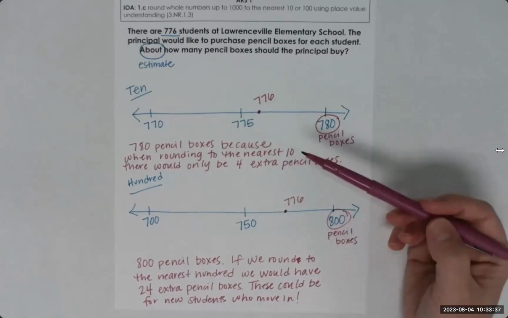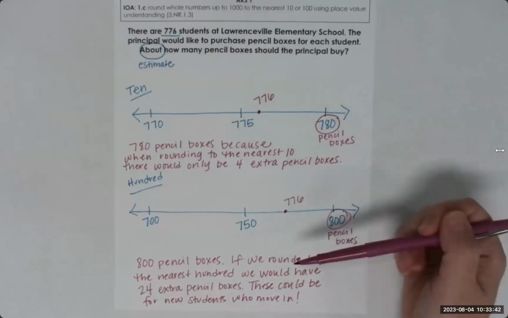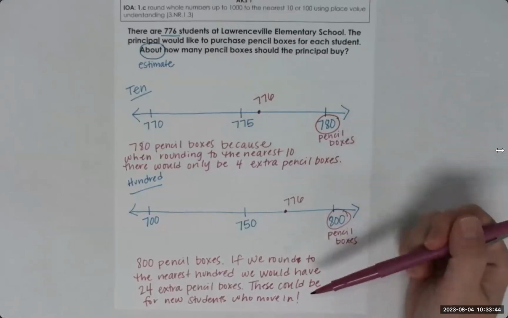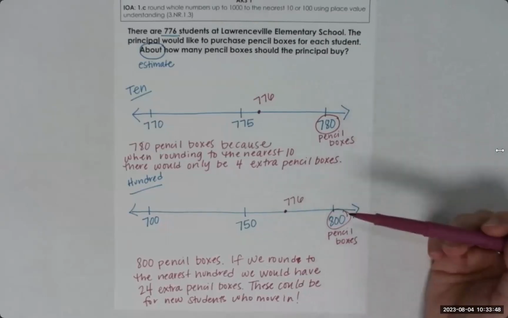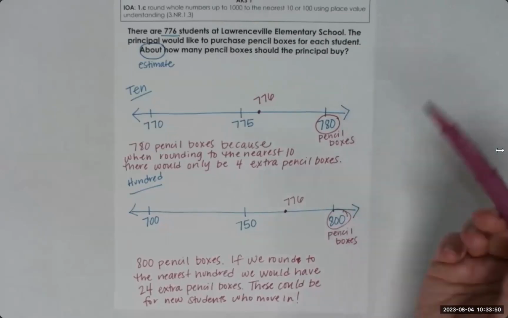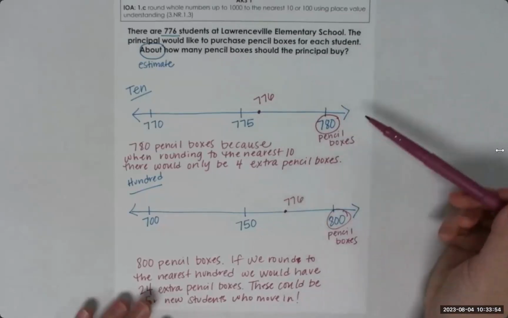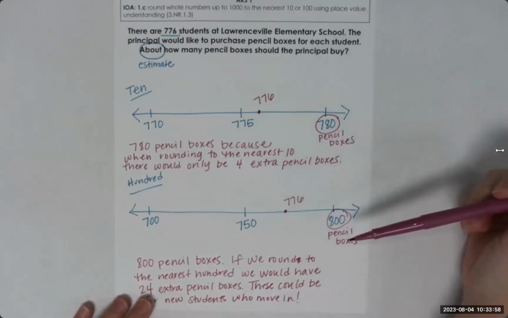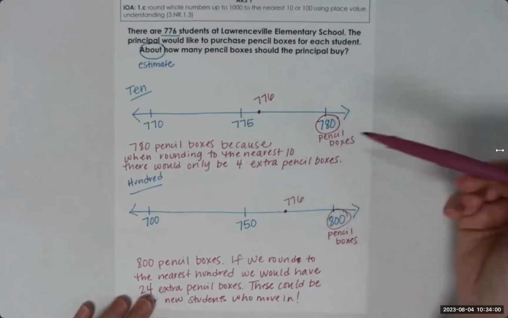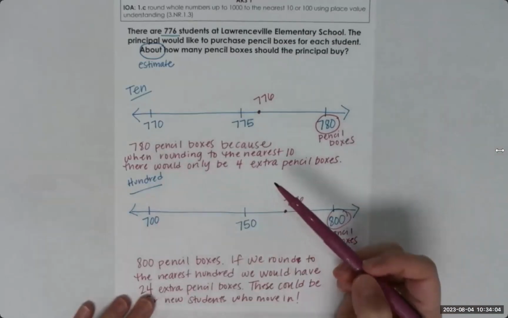This one might be more cost effective. I wouldn't have as much waste. This one, however, I'd have 24 extra for new students who moved into Lawrenceville Elementary School. So great way to show your students more than one right answer, a great way to show authenticity when rounding. And remember, we want to make sure that we're utilizing strategies to help students to round, not just songs and different things to help students, because this helps students to understand the why.